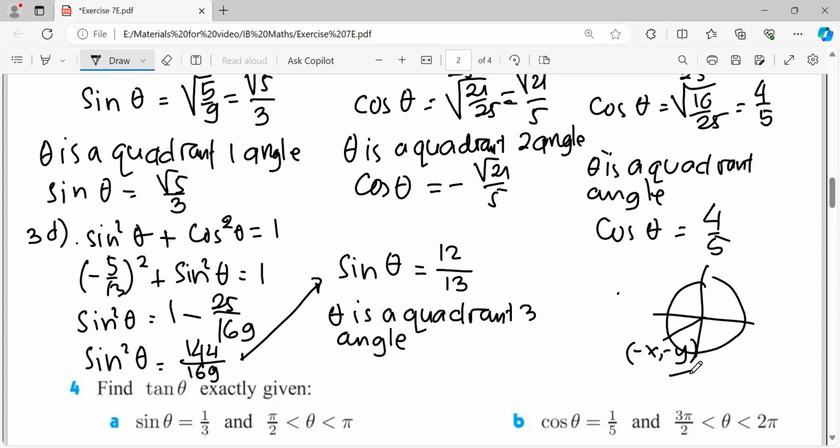This is the value for sine and this is the value for cosine. So sine theta equals negative 12 over 13.